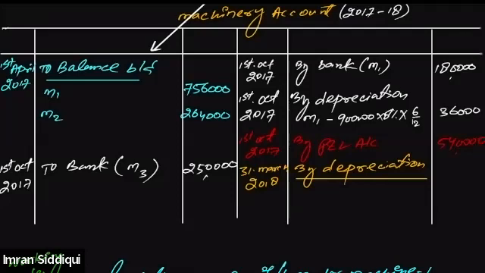Machine 2. And what about machine 3? Sir, am I audible? Yes, you are audible. I'm asking on how many machines we need to calculate depreciation.